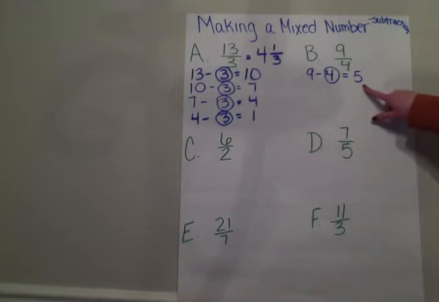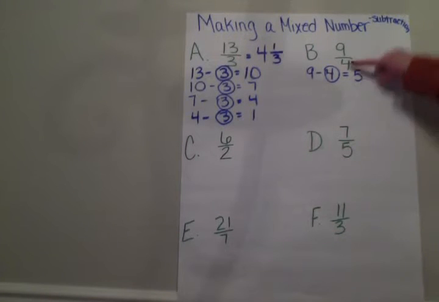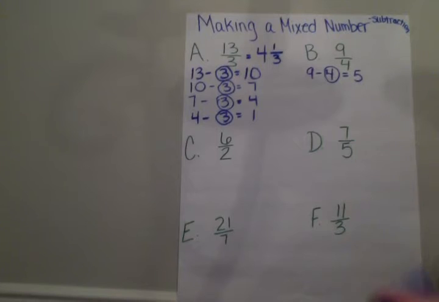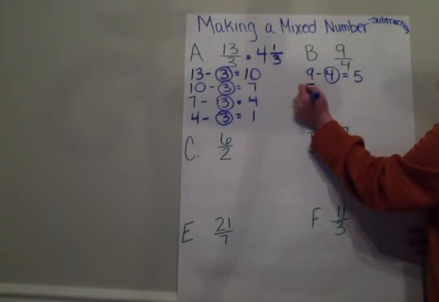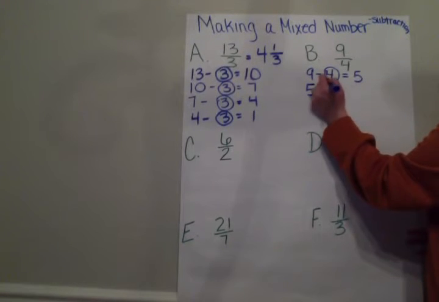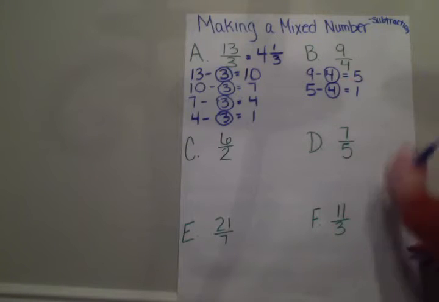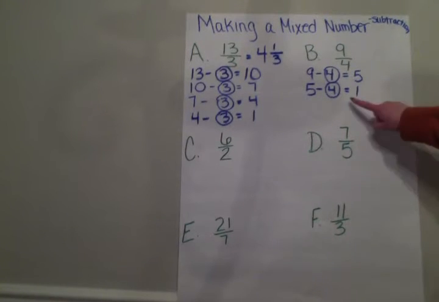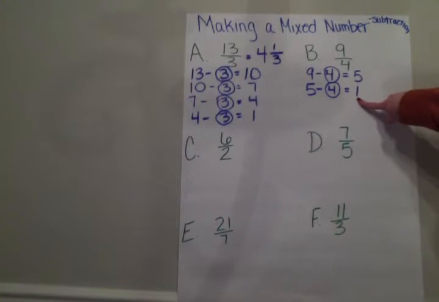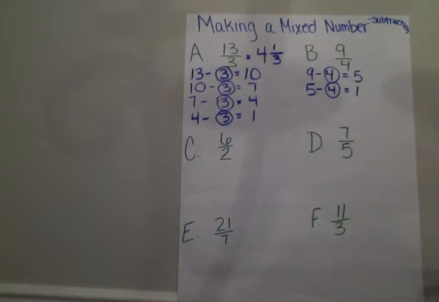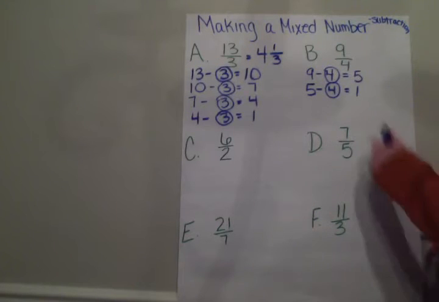My leftover pieces are still more than my denominator, so I got to keep going. 5 minus 4, there's another group of 4, is going to give me 1. Now my leftover parts are smaller, or I have less of them, than my denominator. So I'm going to count how many whole groups of 4 did I take out.